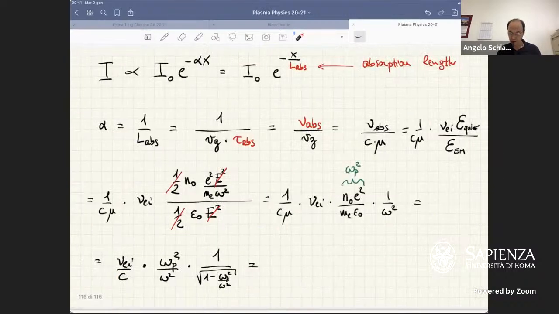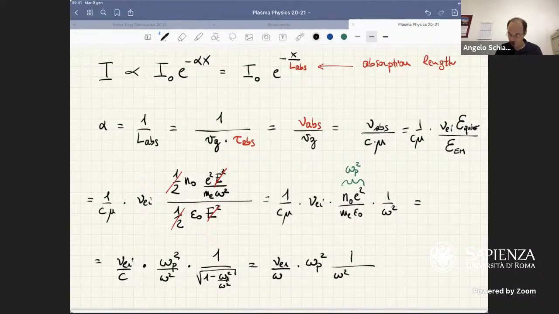So we can use one of these terms here and obtain mu_ei divided by omega. Then we have the omega_p squared and 1 over omega squared minus omega_p squared. So we used one of the omega here and brought it inside the square root. And this is exactly the derivation of alpha we had before.